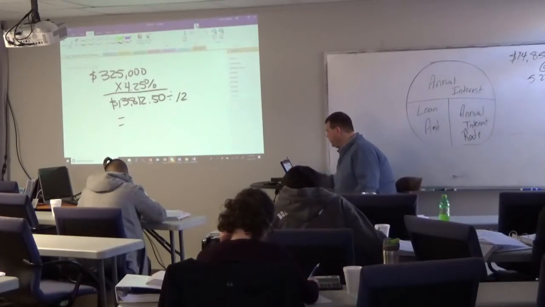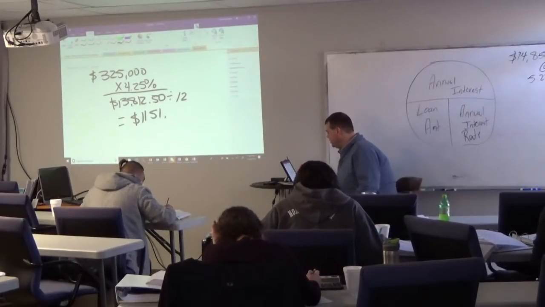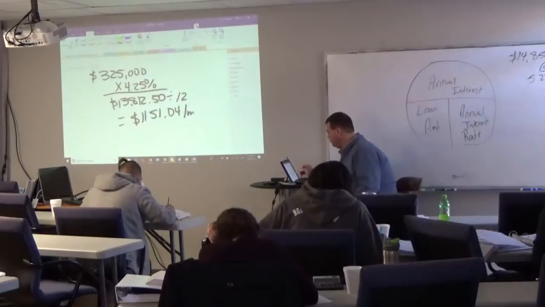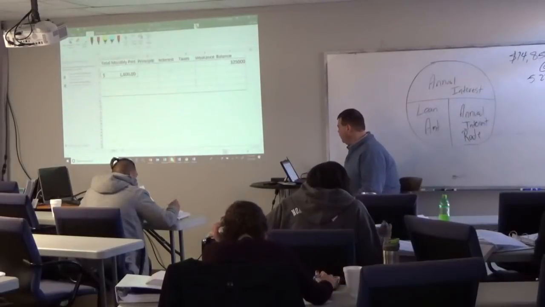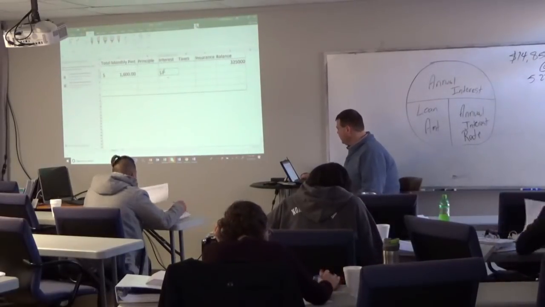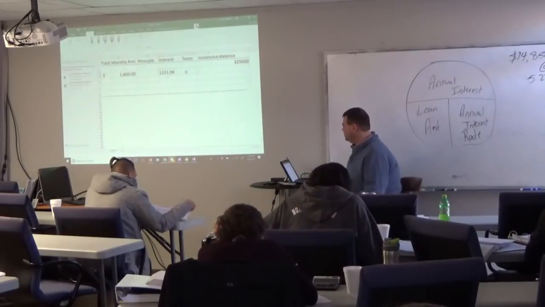And it looks like to me we've got $1,151.04 per month. Everybody okay with that? $1,151.04? All right. So if I go back to my chart, I'm going to fill in $1,151.04 in interest.